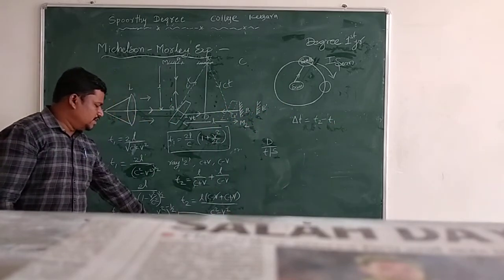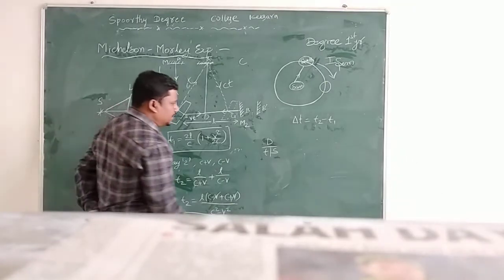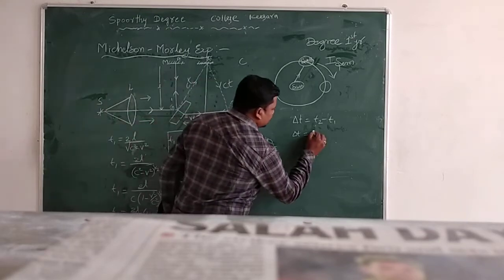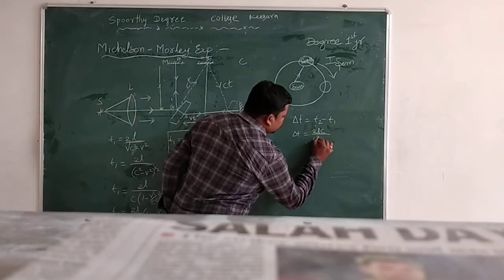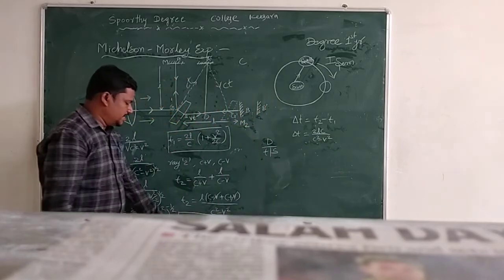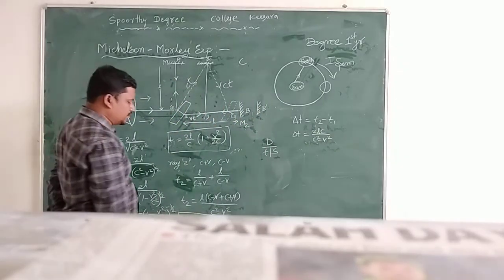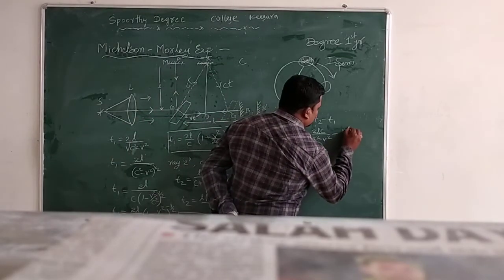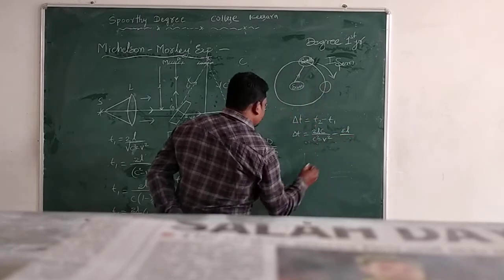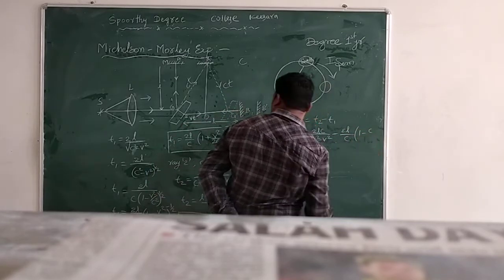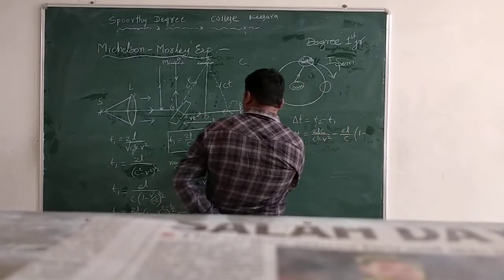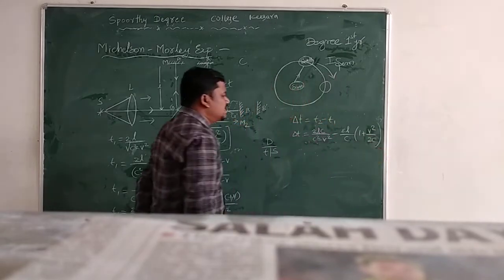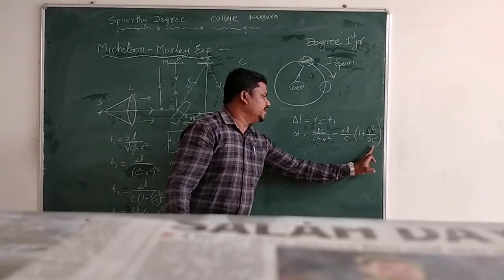T2 is 2LC by C square minus V square, minus T1, 2L by C into 1 plus V square by 2C.